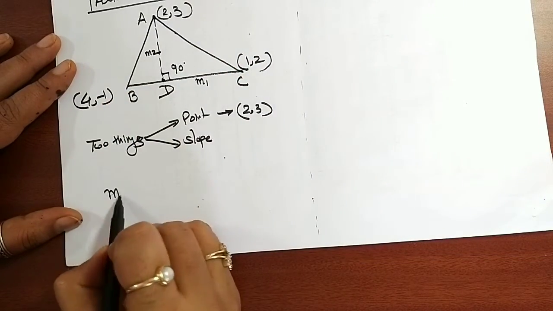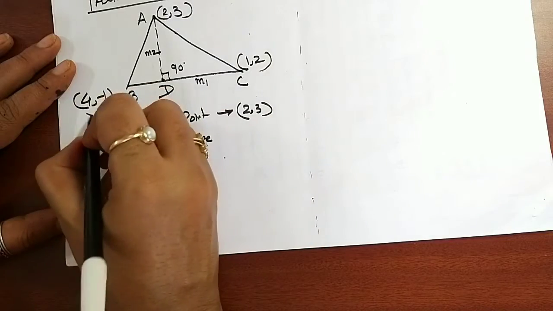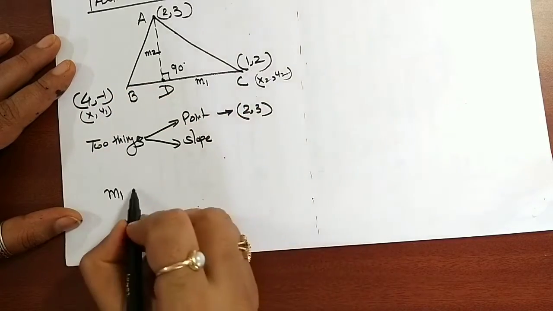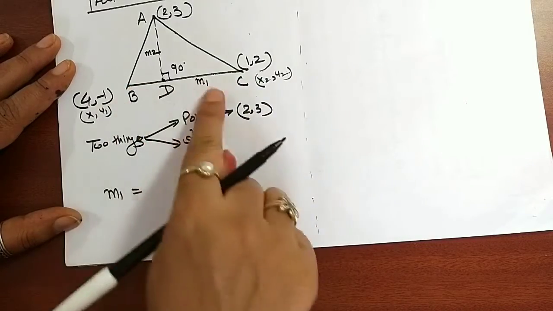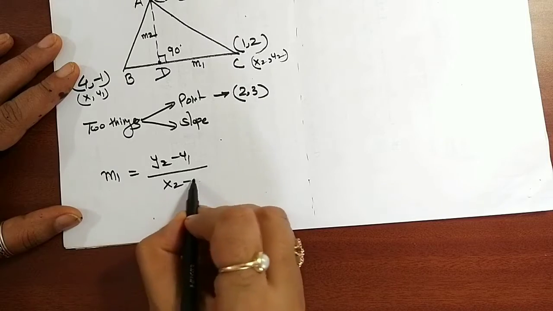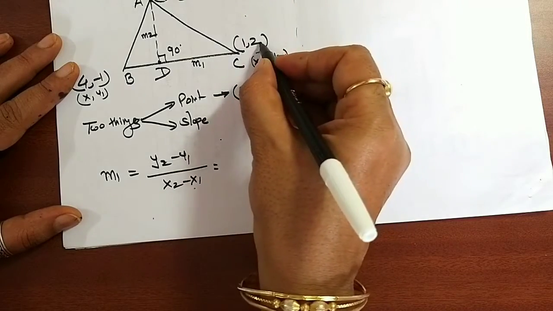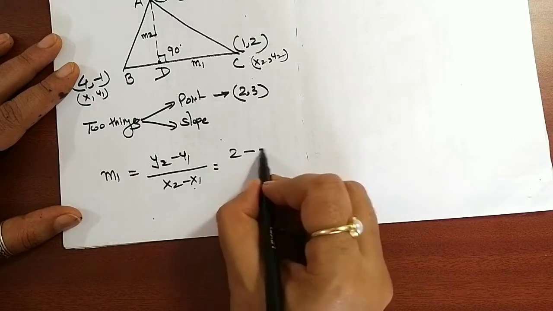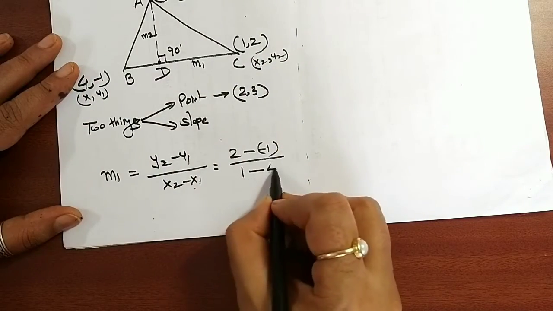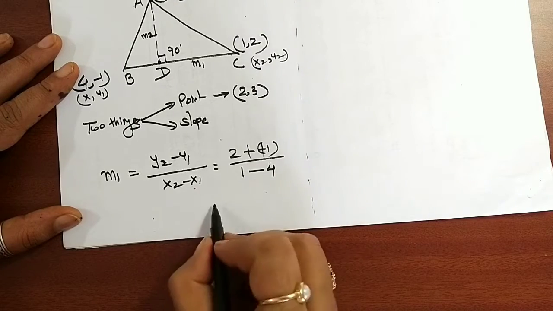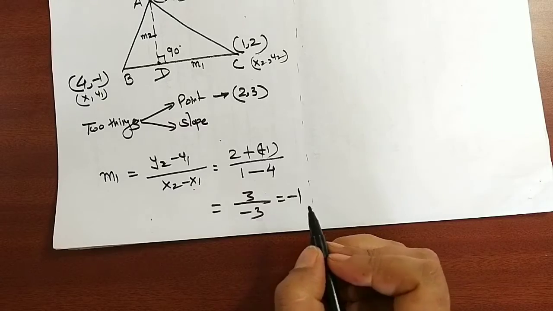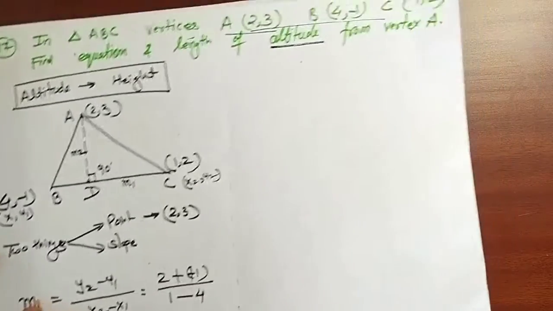So what will be m1 of this? Suppose this is x1 y1 and this is x2 y2. What is the slope of a line joining 2 points? It is nothing but y2 minus y1 by x2 minus x1. So y2 minus y1, so 2 minus of minus 1, by x2 minus x1, which is 1 minus 4. So this will become plus 3 by minus 3, which is minus 1. This is m1. m2 is unknown.